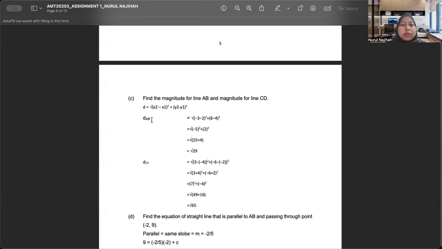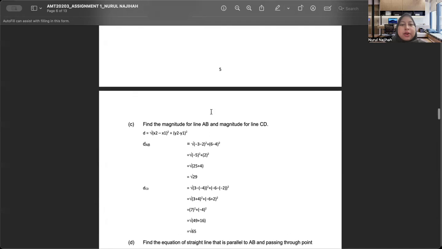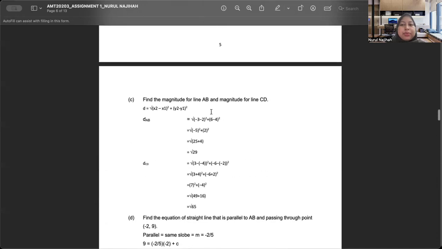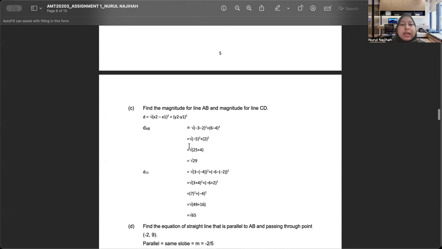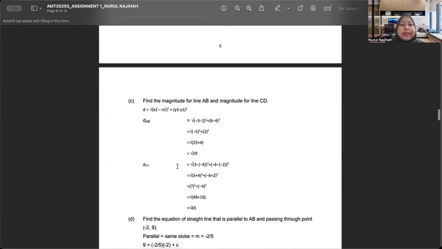So the magnitude we can find for AB, we replace using the coordinates that we found and stated just now, and then the answer will be square root 29.